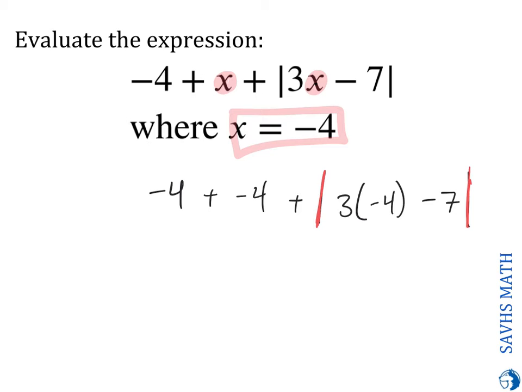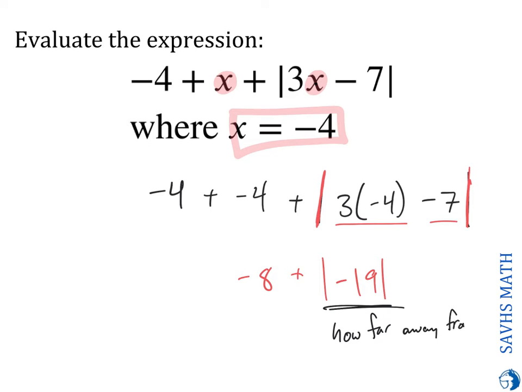So 3 times -4 is -12. -12 minus 7 is -19. All right. Then I'm just going to rewrite. Wait, -4 plus -4 is -8. Okay. The absolute value of -19. This means how far away from 0 is negative 19?